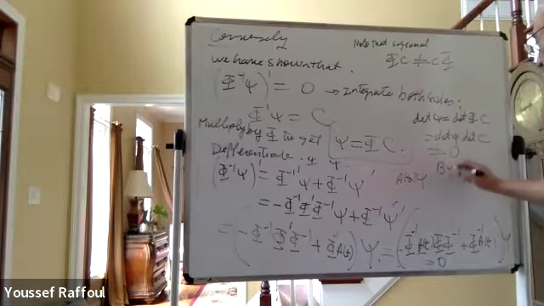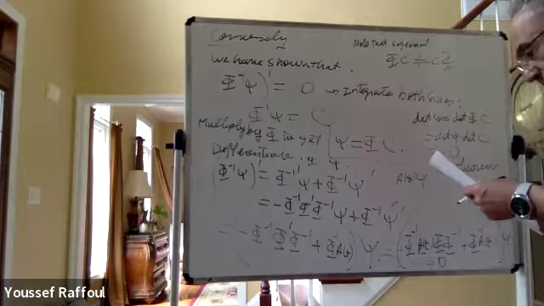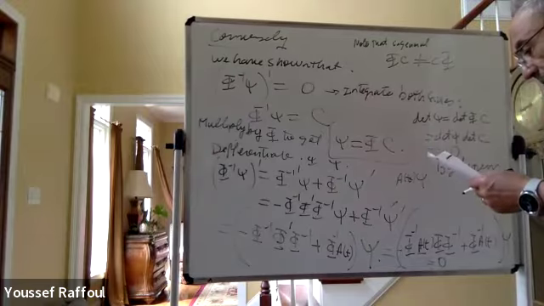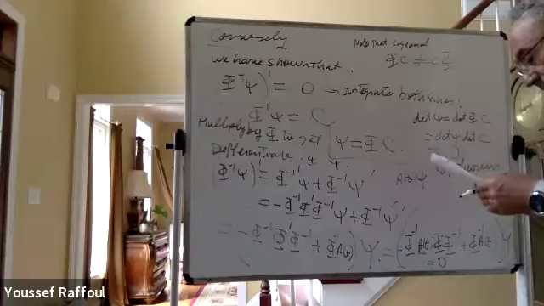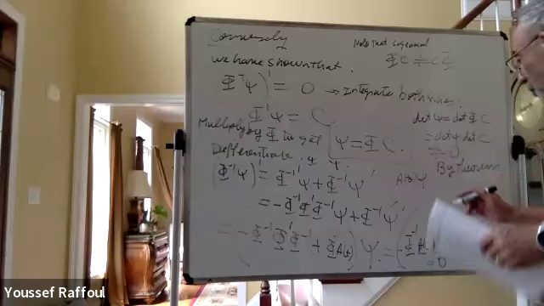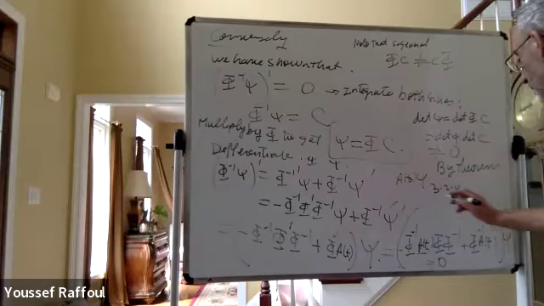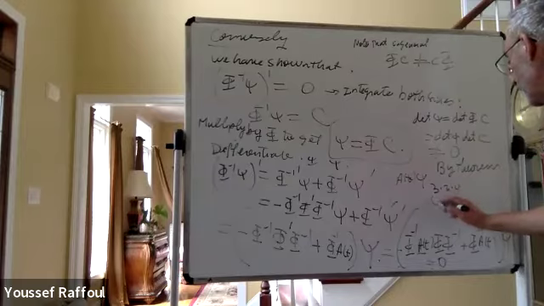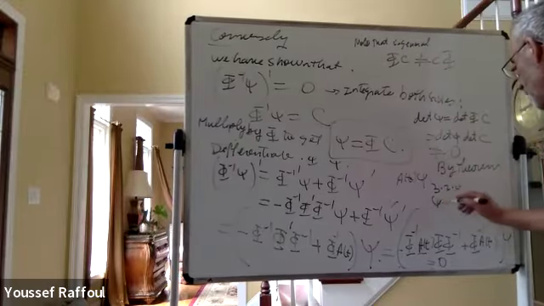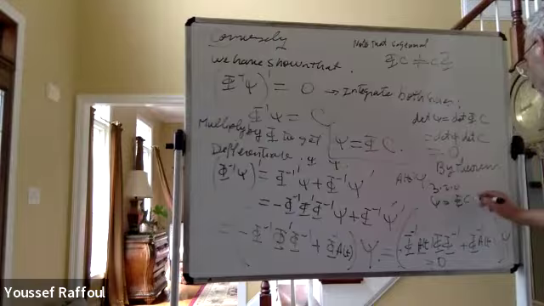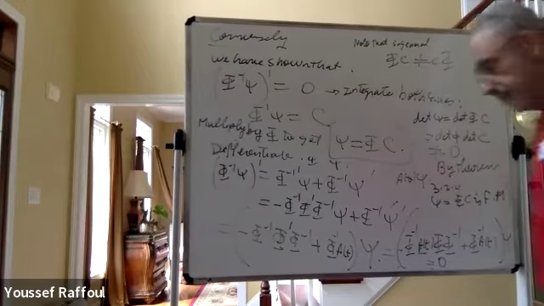So by the previous theorem, 3.24, C equal to phi C is a fundamental matrix. Okay?